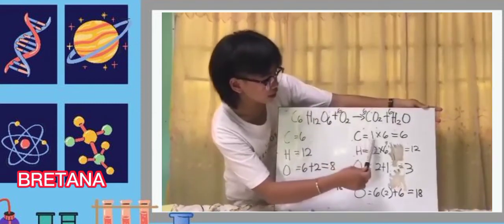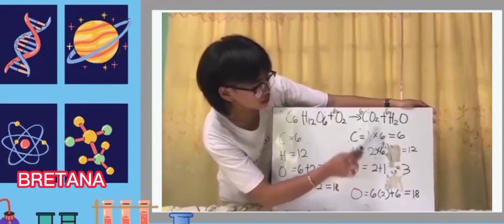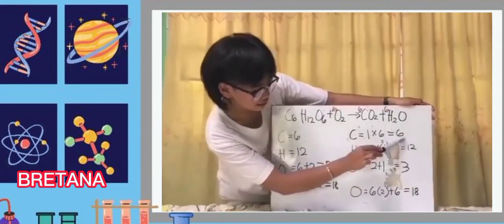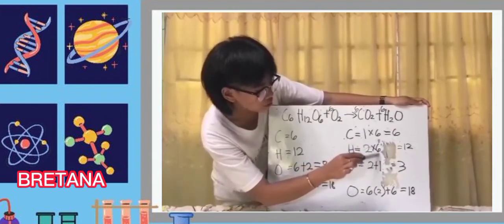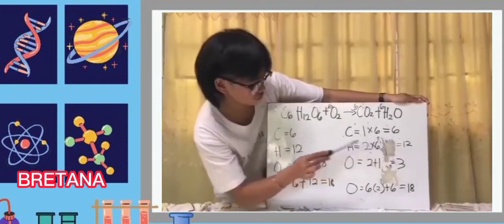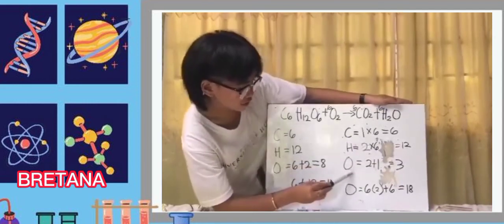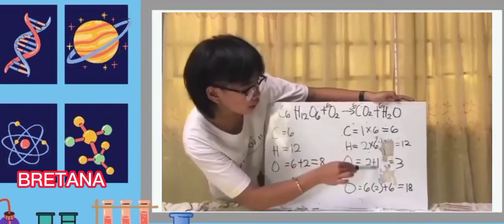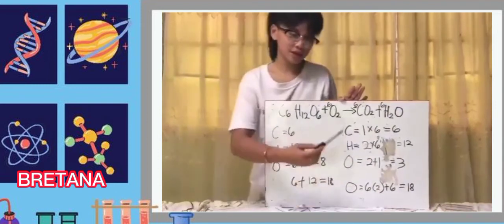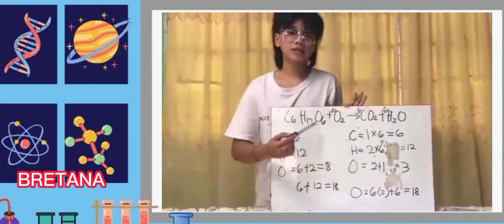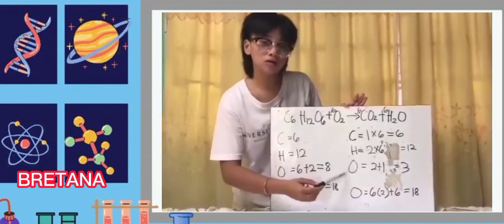The number of carbon here is 1 times 6 equals 6. The number of hydrogen is 2 times 6 equals 12. The number of oxygen here is 2 plus 1, we have 3. As you can see here, carbon and hydrogen are the same, except the oxygen.